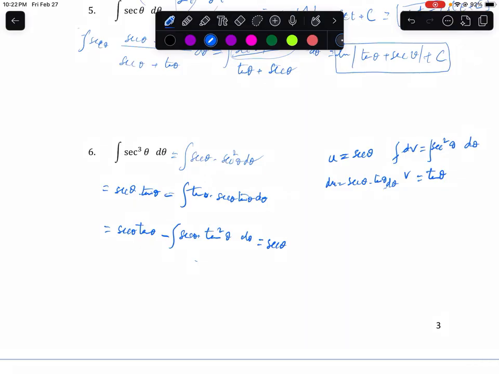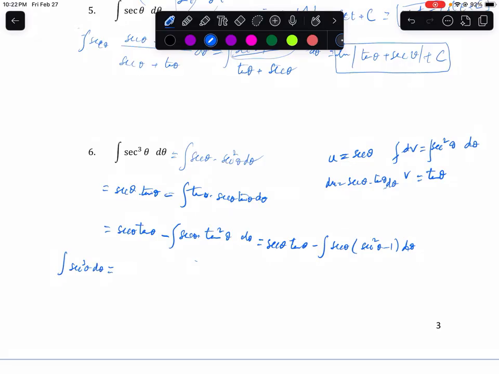So I have secant theta times tangent theta minus the integral of secant theta times secant square theta minus 1 d theta, which is equal to, now remember on the left side is secant cube theta.